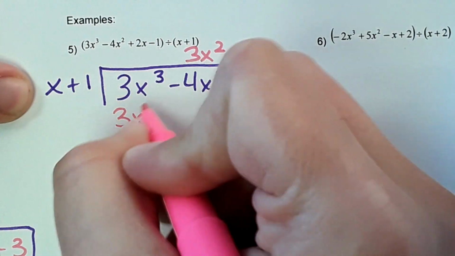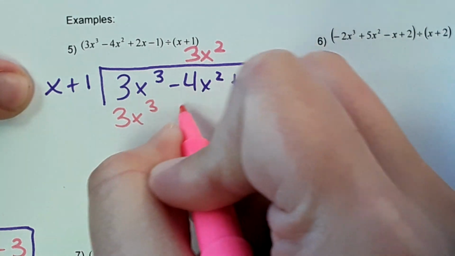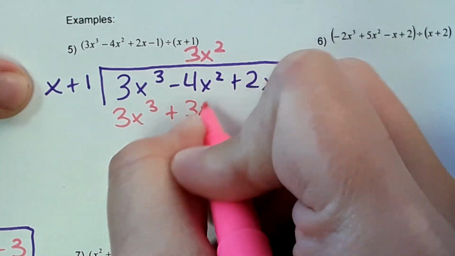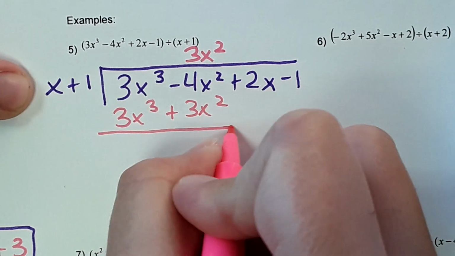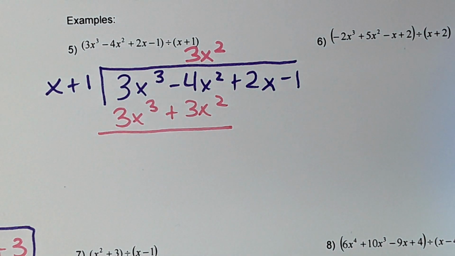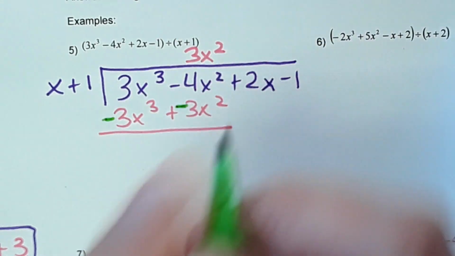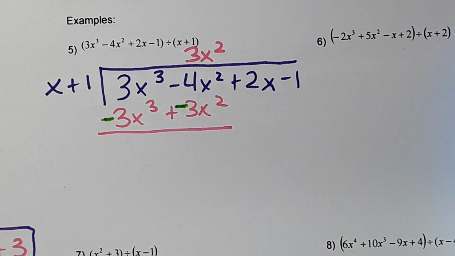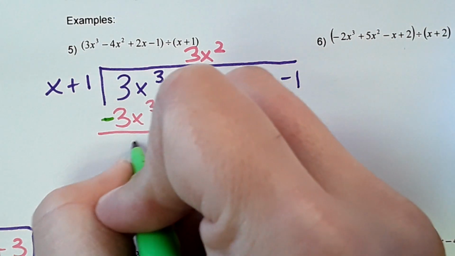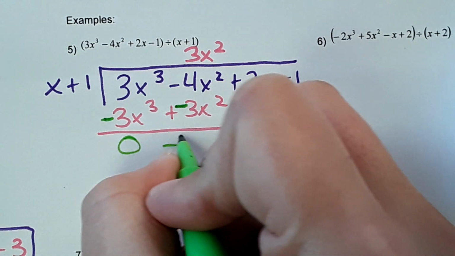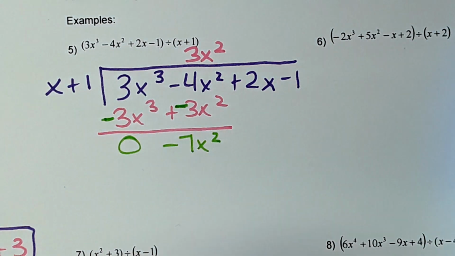So I'd get 3x cubed plus 3x squared. And then put subtraction symbols or change the sign. Then this is 0 and this is negative 7x squared.